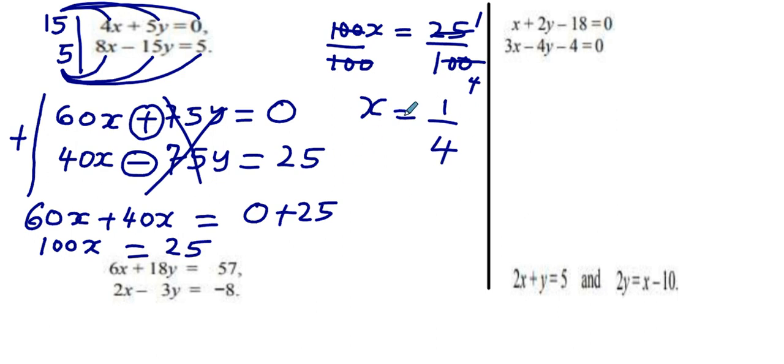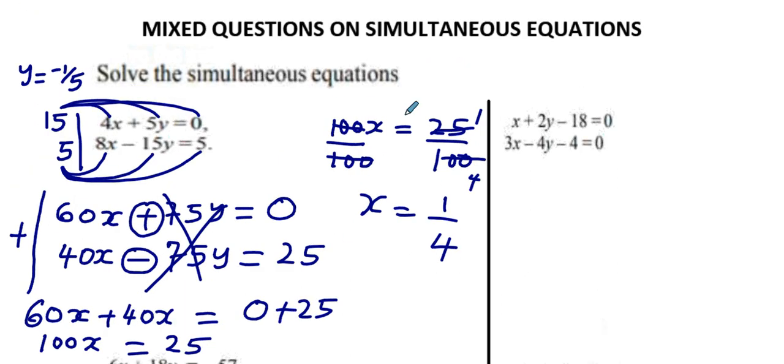Very good question. We are getting a fraction answer. The students will start asking, sir, is it okay if I get a fraction answer? The answer is yes. So we got x equals 1 over 4.